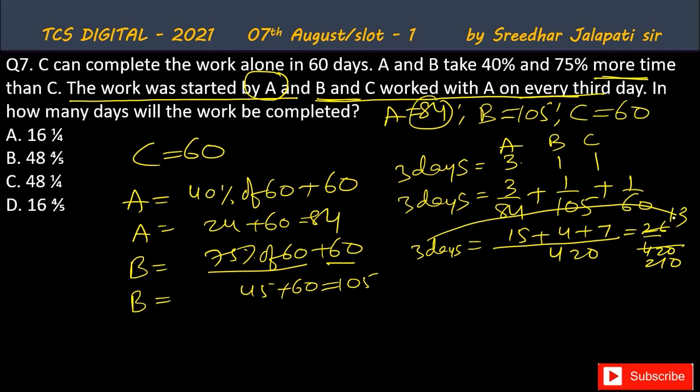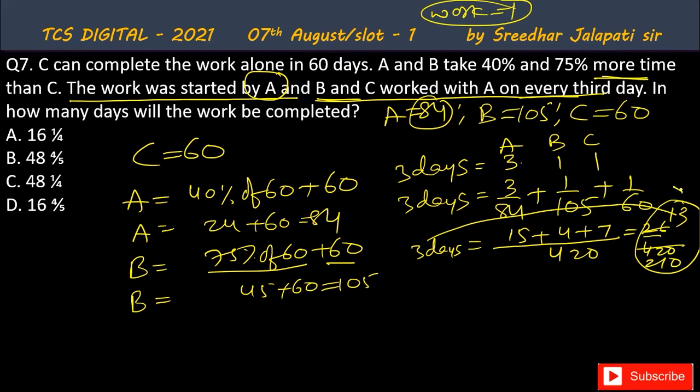Now, to generalize, you have to multiply this 13 by 210 with an integer such that the numerator is just less than the denominator, because work is nothing but 1 unit. Anyway, there is no chance of getting exactly 1, so we try to bring it close to the denominator. So multiply with a suitable number to make it just less than 1.